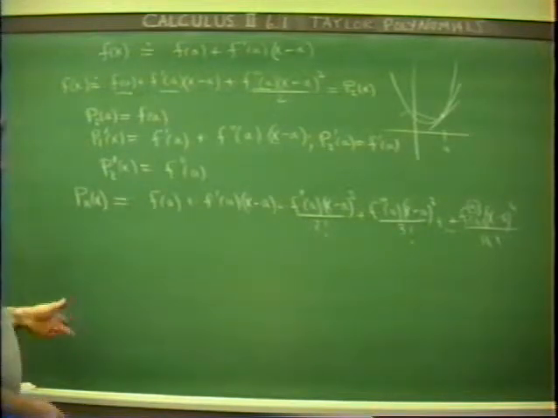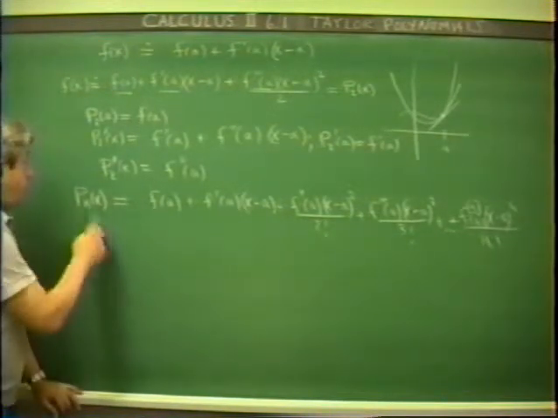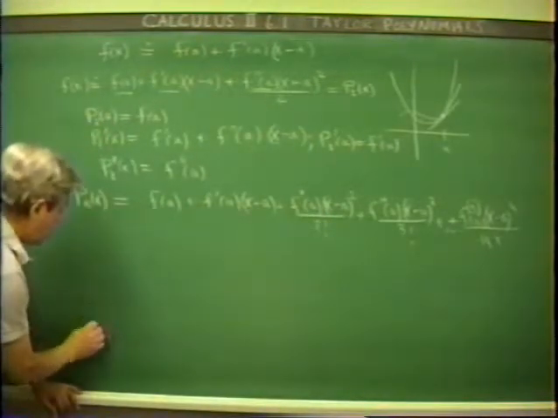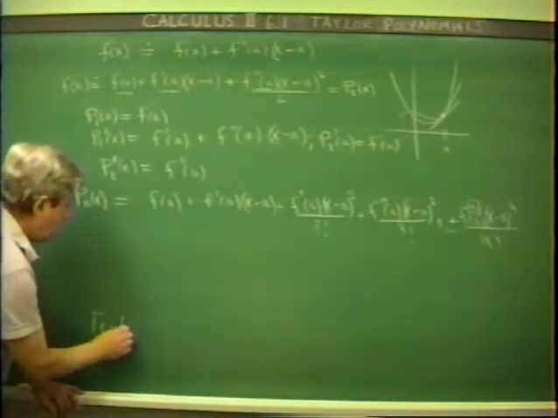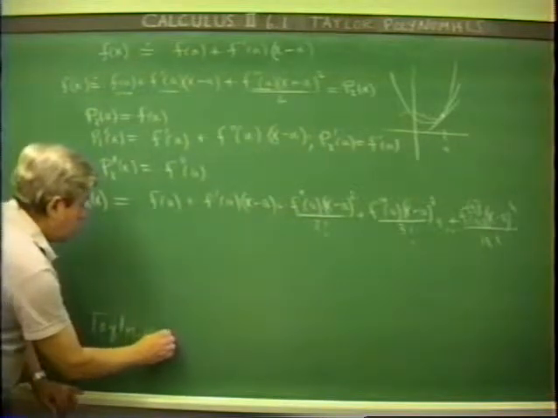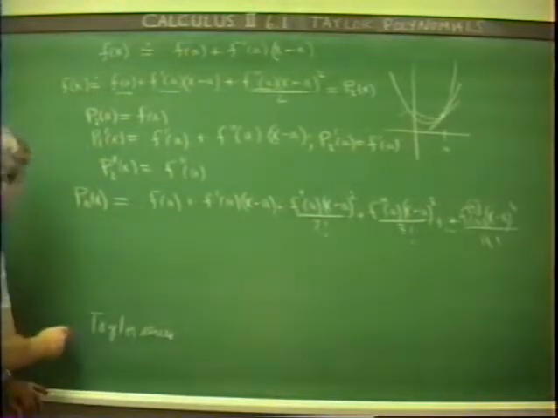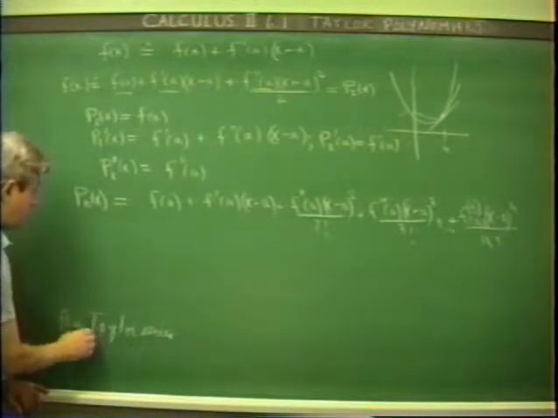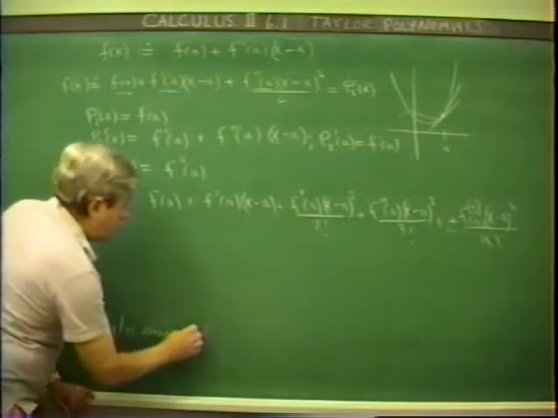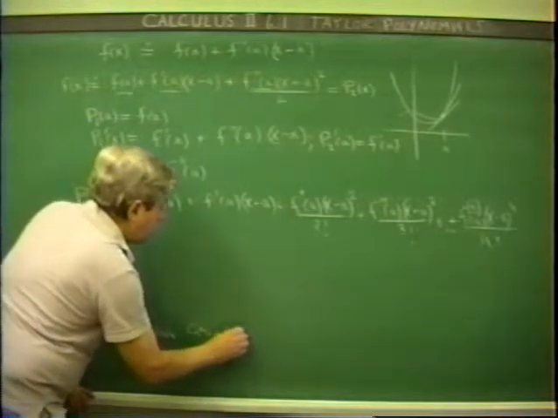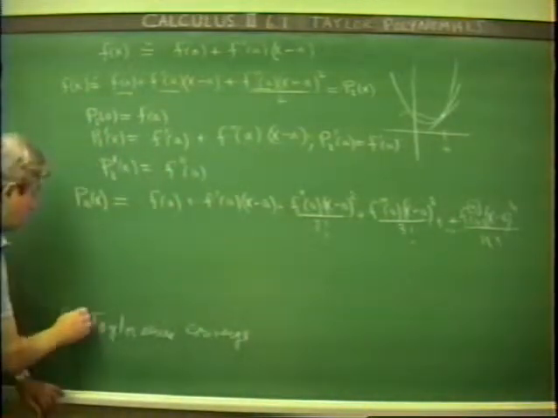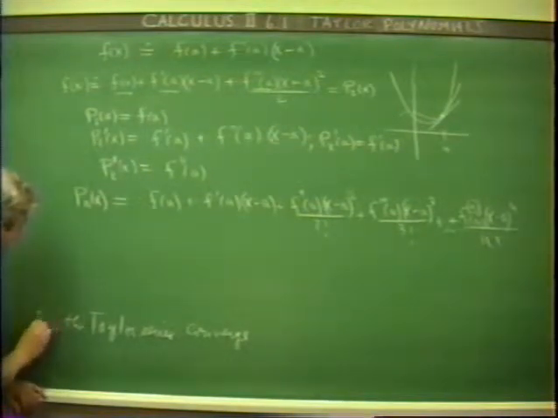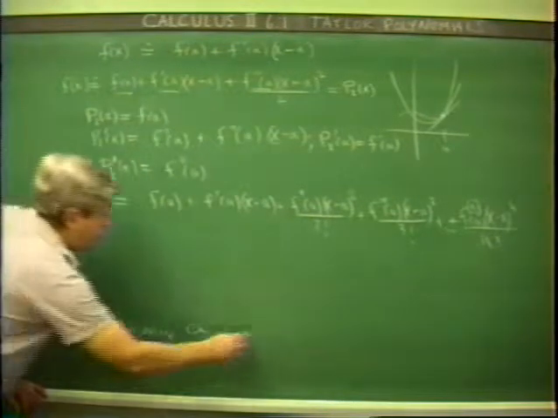All right. Now a couple questions emerge here, and one is this. If we continue this indefinitely, we get what's called a Taylor series. And the question is, does the Taylor series converge?